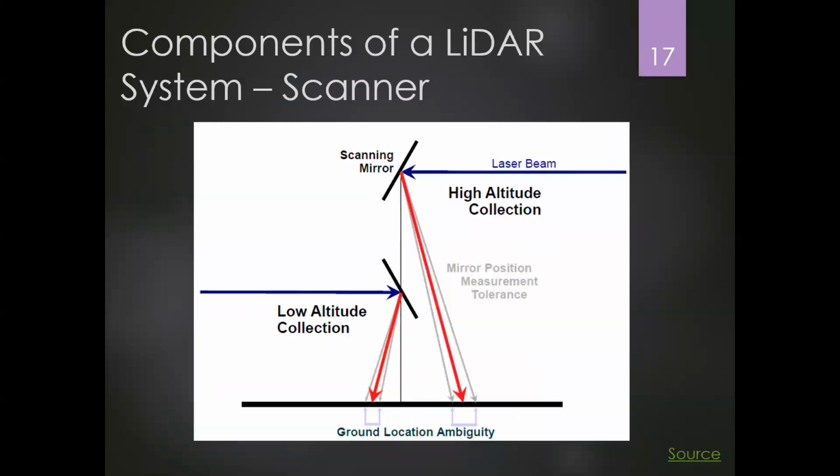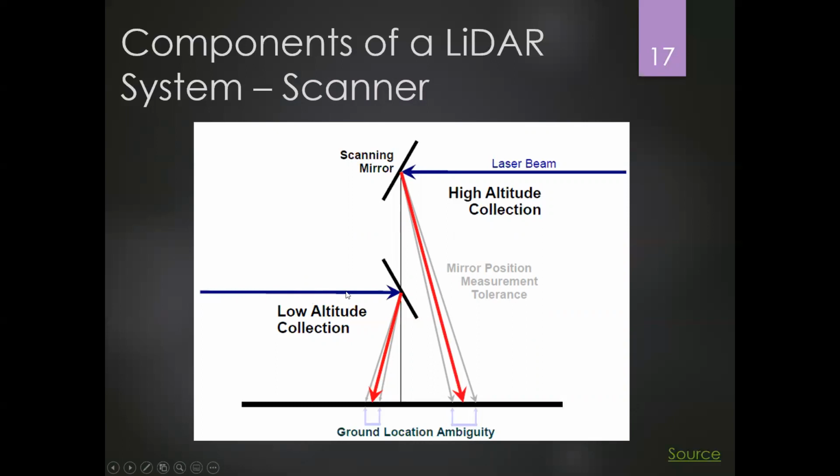And here, the altitude of the sensor also decides the size of the area or region you can observe on the ground. If your sensor is mounted to a plane or to a drone that flies pretty low, right?